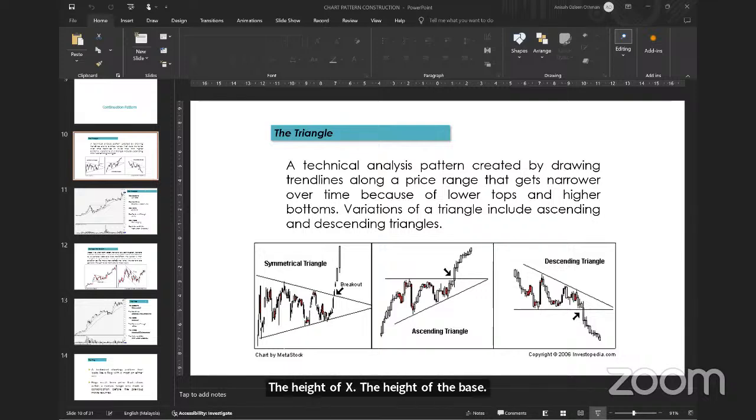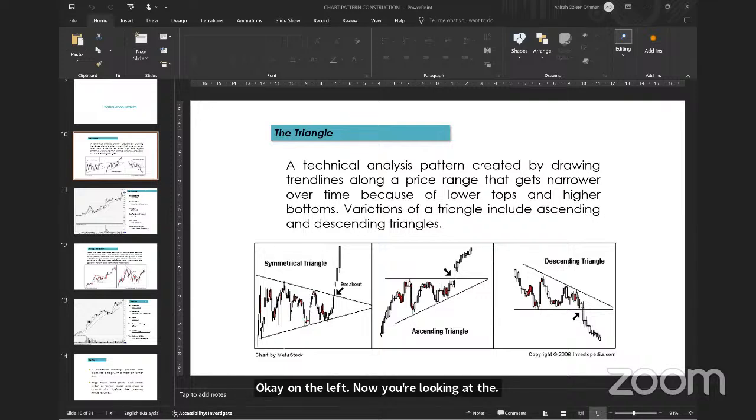Now let's look at another sample of a triangle. This is the base, and notice how it goes just as much. Amazing, isn't it?